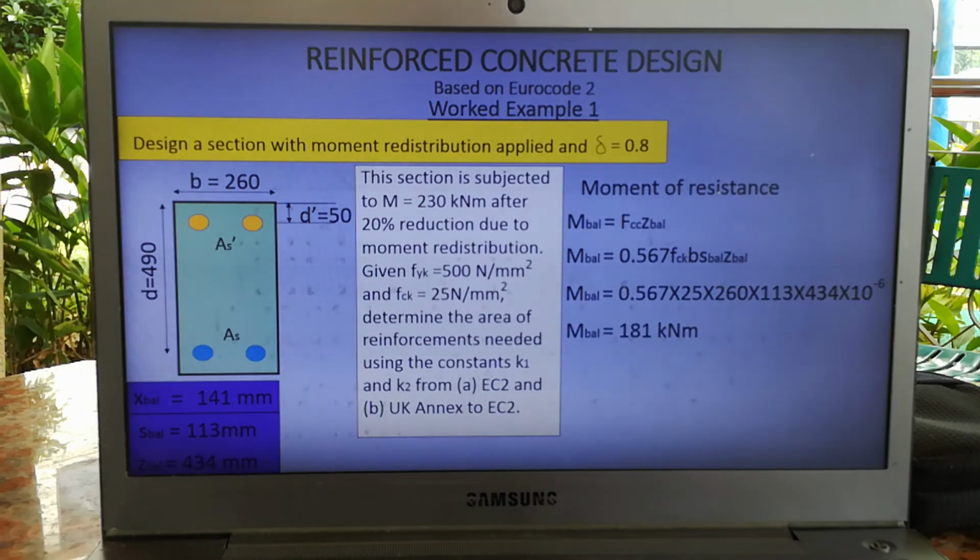The answer is 181 kNm, which is less than the imposed moment of 230 kNm. This means we need compression reinforcement.